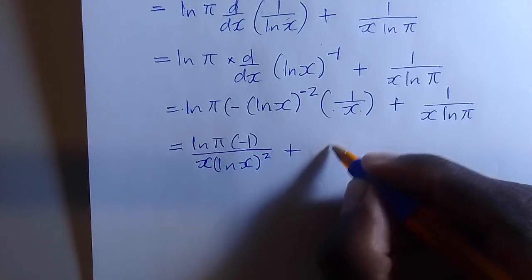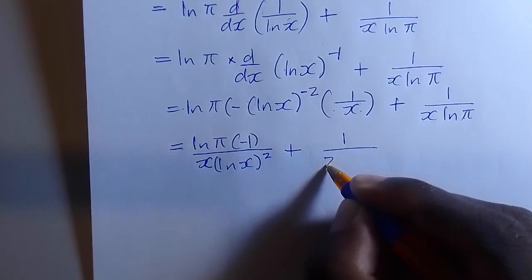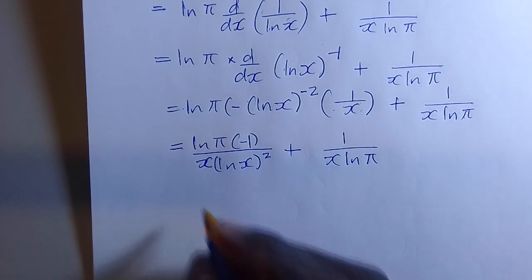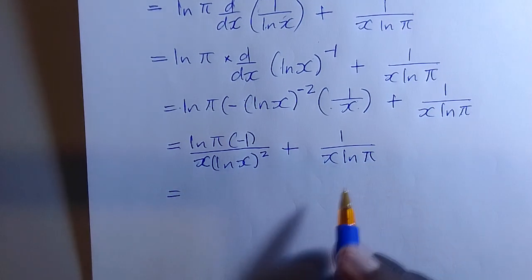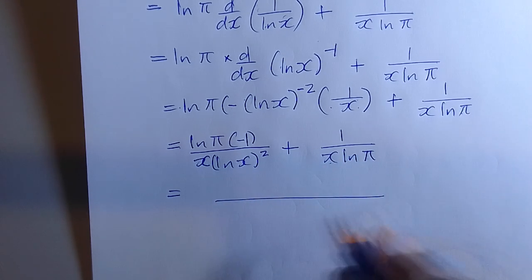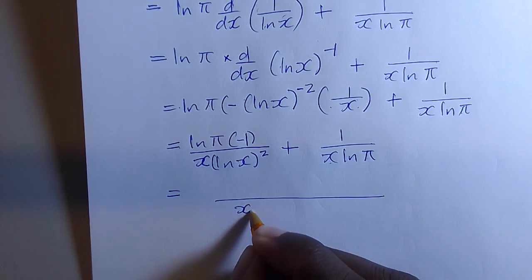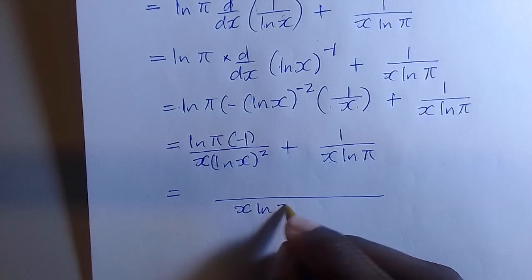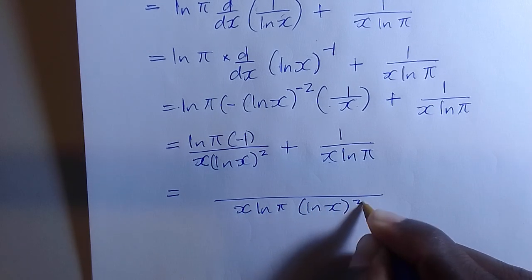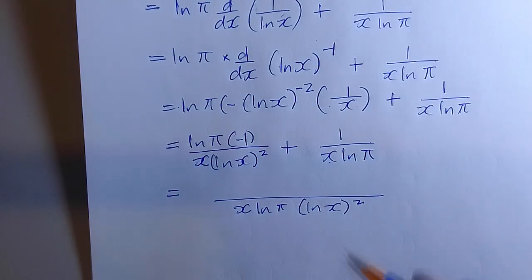That's added to 1 over x ln pi. Now for the addition here, you'd have to take the LCD. The LCD would be x ln pi ln x squared. That's our LCD.